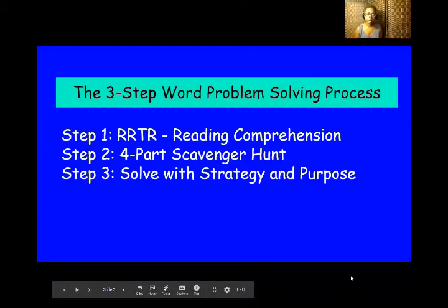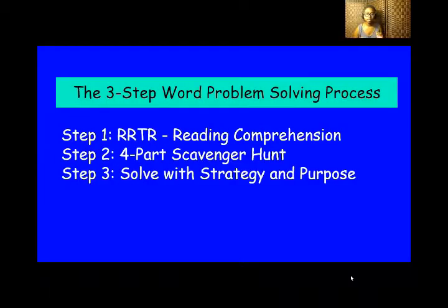First, before we start any word problem, we always need to remind ourselves of the three-step word problem solving process. Step 1 is RRTR, which will help us comprehend what we are reading in the word problem. Step 2 is the four-part scavenger hunt, and step 3 is solving with strategy and purpose.